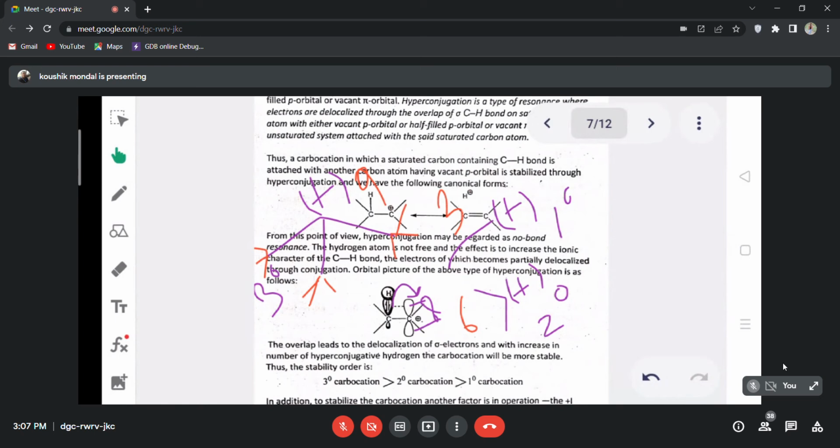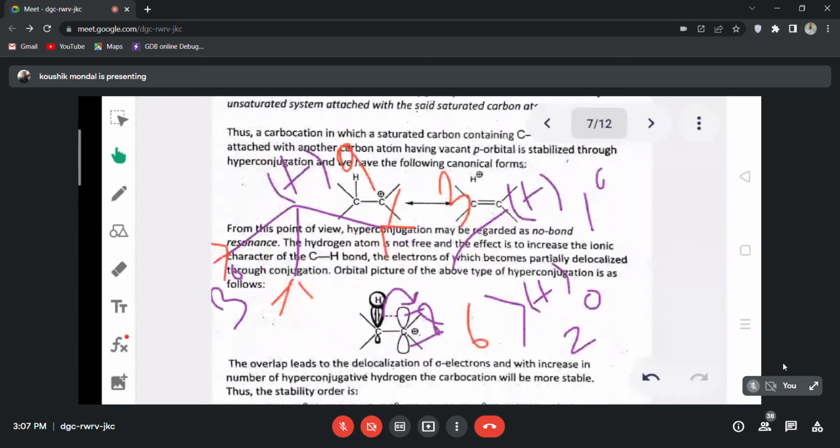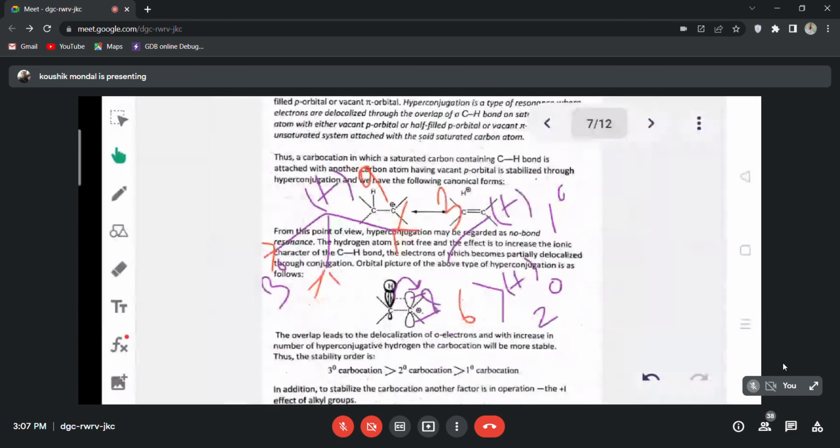This hyperconjugation is also called no bond resonance. In actual resonance there is a pi bond, but here these sigma bonds take part in the resonance, so this is called no bond resonance.